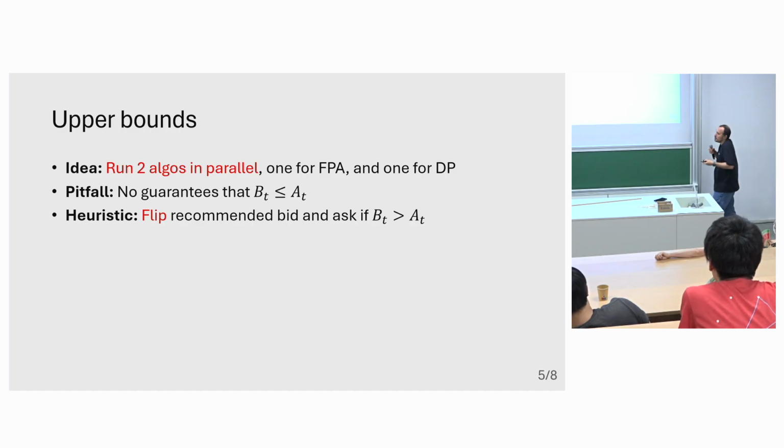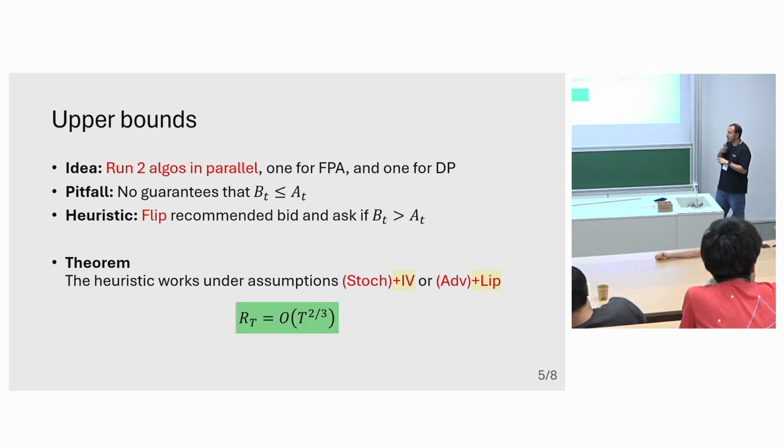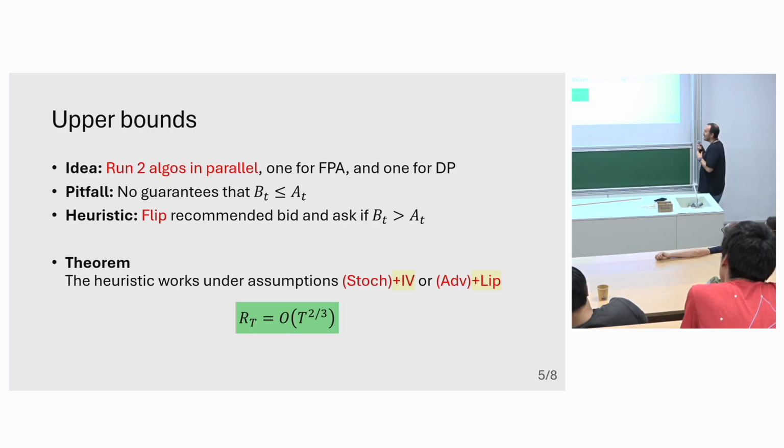Well, you can prove that this is more than a heuristic. You can prove that this is an algorithm with guarantees, both in the stochastic setting, so when the valuations and the market values are IID, and also in the adversarial setting. Specifically, guarantees of order T to the 2/3. There are some added assumptions in both cases.